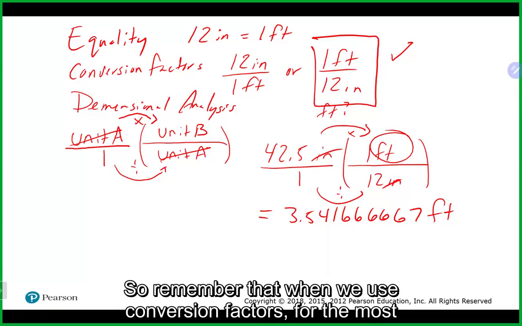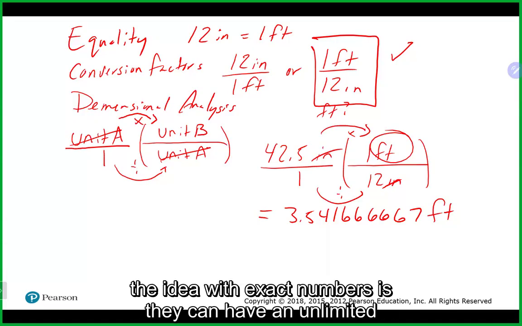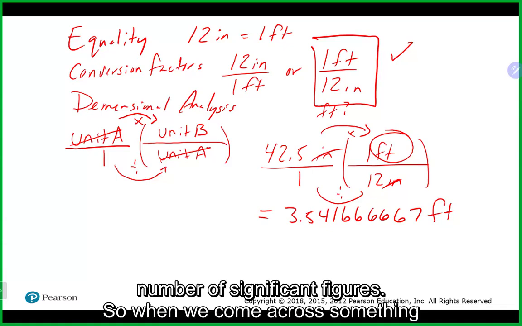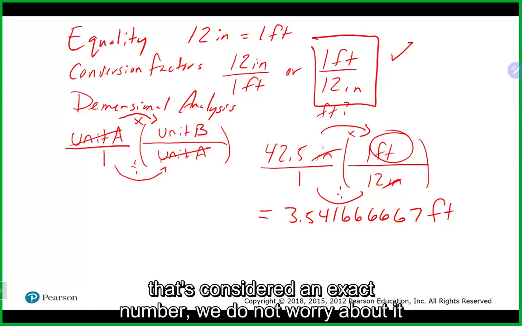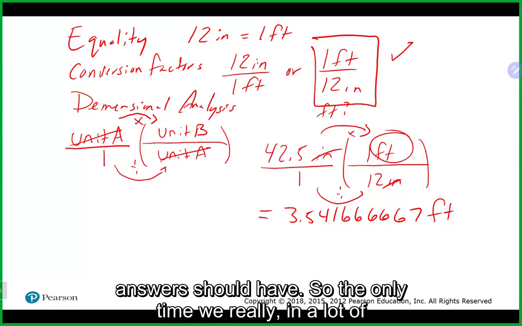Remember that when we use conversion factors, for the most part, a lot of them are considered exact numbers. The idea with exact numbers is they could have an unlimited number of significant figures. So when we come across an exact number, we do not worry about it in terms of how many significant figures our answer should have.